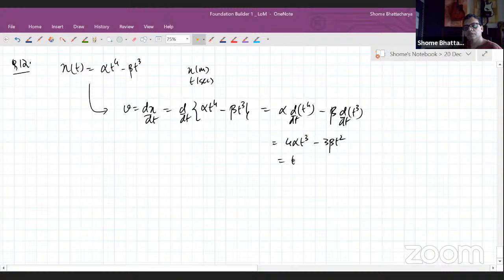We can take t square common here: t square times (4 alpha t minus 3 beta). So this is the instantaneous velocity.